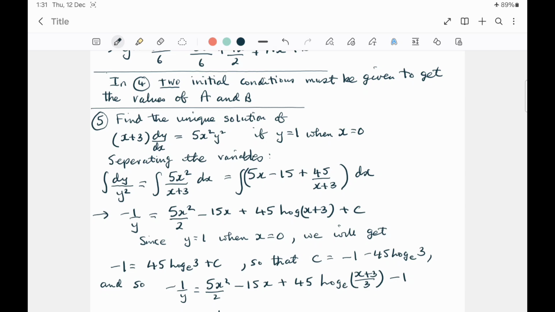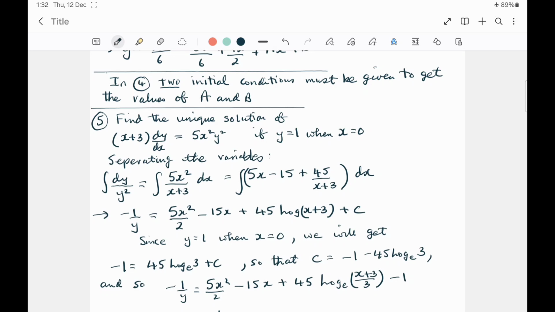Separating the variables, on the left-hand side we will get dy over y squared equals, on the right-hand side, 5x squared over x plus 3 dx, which can be rewritten as 5x minus 15 plus 45 over x plus 3 dx. Performing the integration, the left-hand side becomes minus 1 upon y, and the right-hand side becomes 5x squared over 2 minus 15x plus 45 log of (x plus 3) plus the arbitrary constant c.